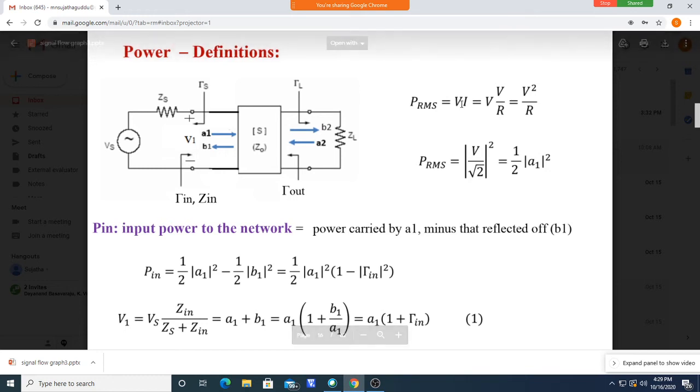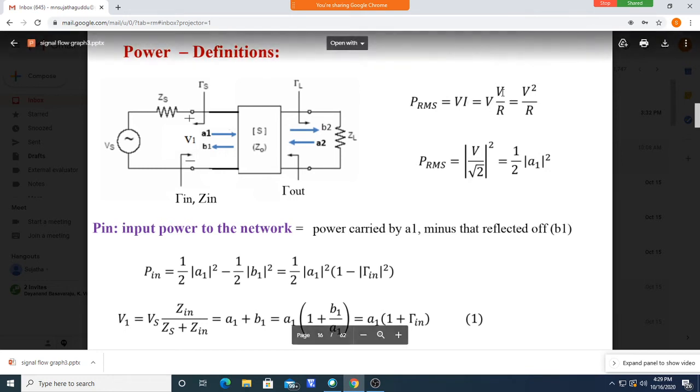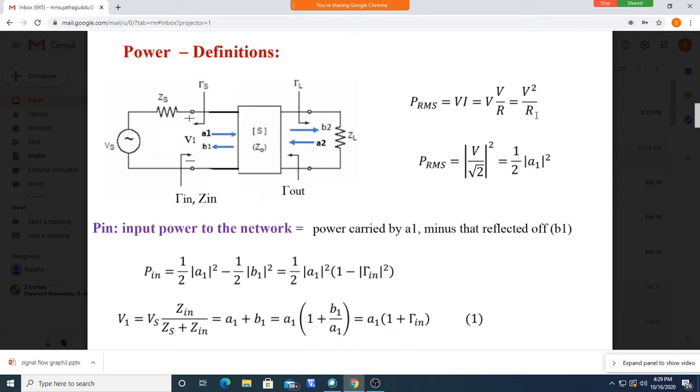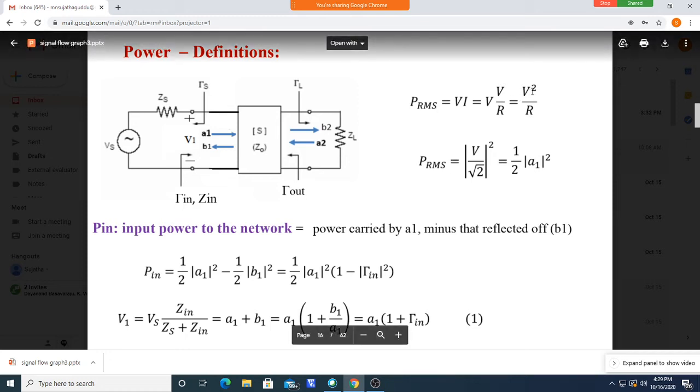Power is given by V into I, which is V square by R. Assuming R is normalized to 1, because it will cancel in our definitions, we take it as 1. Then P RMS is equal to V square.